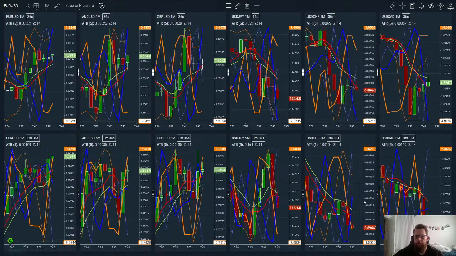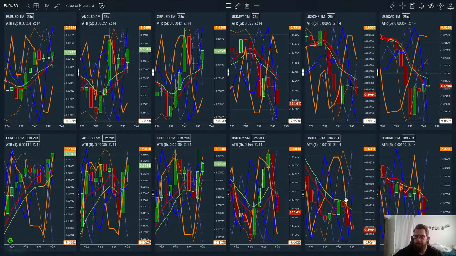Orange is pointing down, blue's pointing up, pressure's pointing down. The only thing not going for us here is that the green is on top, which isn't the biggest terrible thing, especially considering the angle at which they're pointing down here.